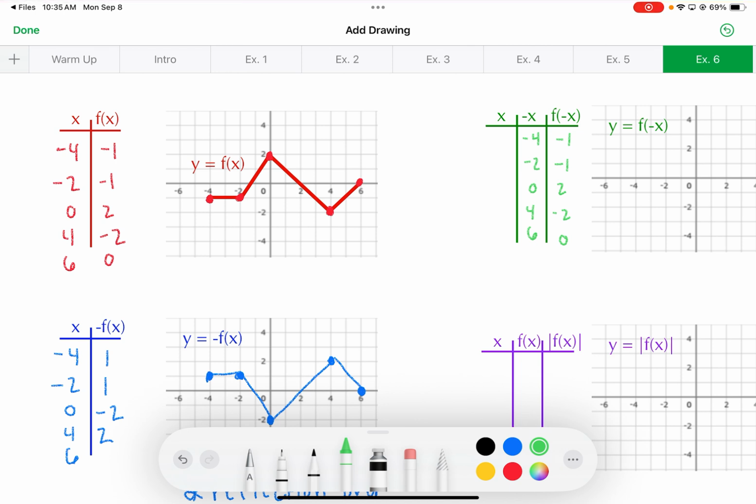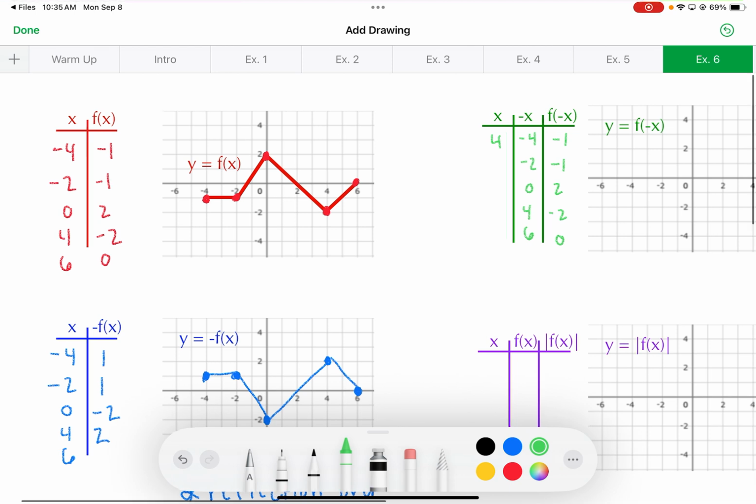Okay, so the question is, if I want negative x to be a negative 4 first, what does x need to be? It needs to be positive 4, doesn't it? If I put 4 in for x, it immediately turns to negative 4. Now I'm evaluating f at negative 4, which is negative 1.